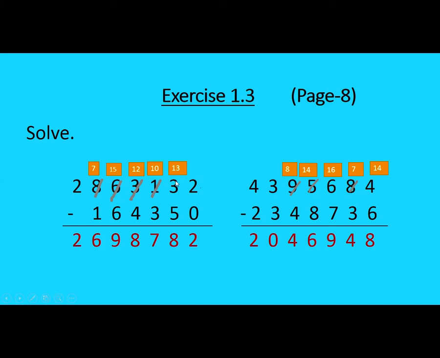We will take a borrow from here and it will become 13, because we are taking borrow from the next value, and when we get borrow from the next value, it will add 10 place values to the previous one. So this is ones place value, and when we get 1 from here, it becomes a 2-digit value, tens value. So 1 and 3 become 13. Now 13 minus 5, we get 8.